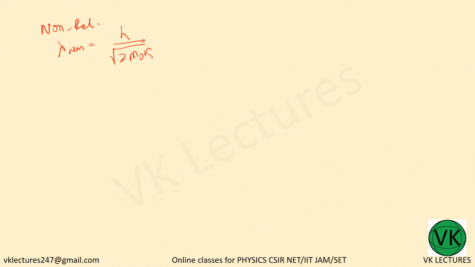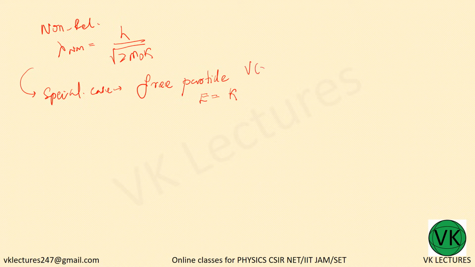Now suppose this particle is free, another special case we will do. Free particle means energy is equal to kinetic energy, because potential energy for a free particle is equal to 0.